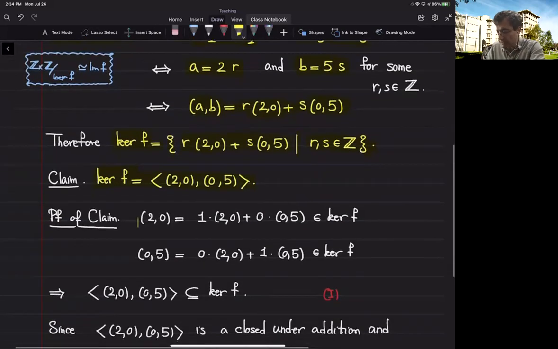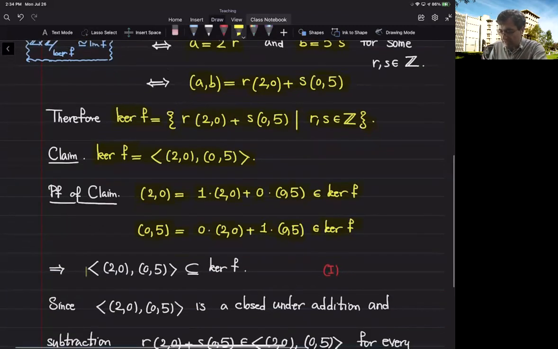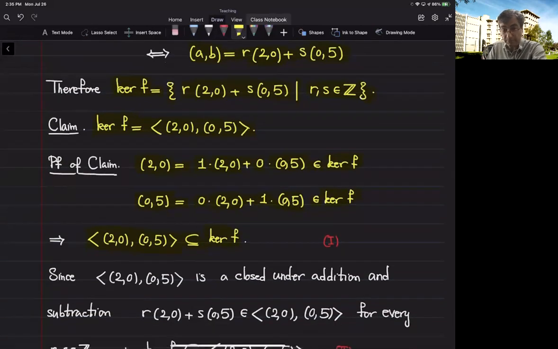So again, let me repeat that 2 comma 0 is an integer linear combination of 2 comma 0 and 0 comma 5, and the same is true for 0 comma 5, because that's 0 times the first vector plus 1 times 0 comma 5, and therefore both of them are in the kernel of F. Now, this is the smallest subgroup that contains these two vectors, and these two vectors are inside the kernel of F. Therefore, the subgroup generated by them is a subset of the kernel of F. Now I want to show the other way around.